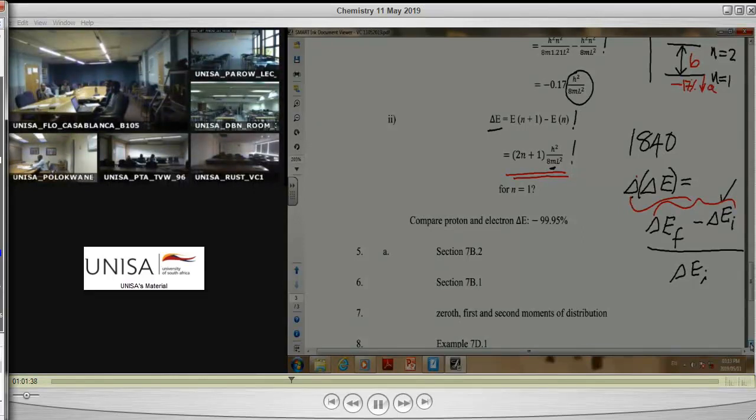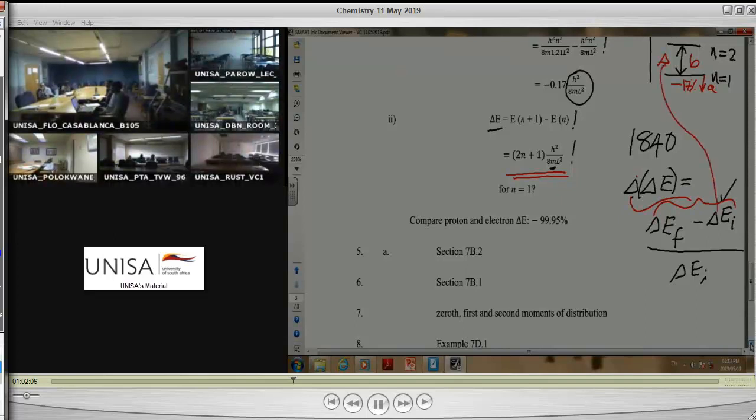This is the change you have in brackets there. So this is the change before anything happens, delta E. Be sure you understand what I'm saying.